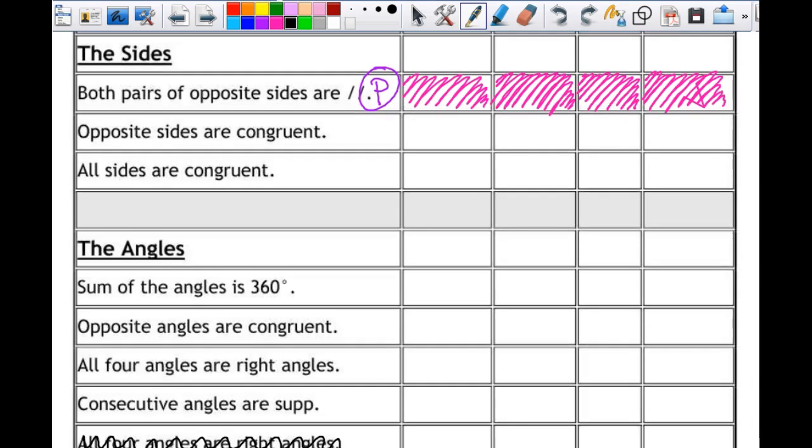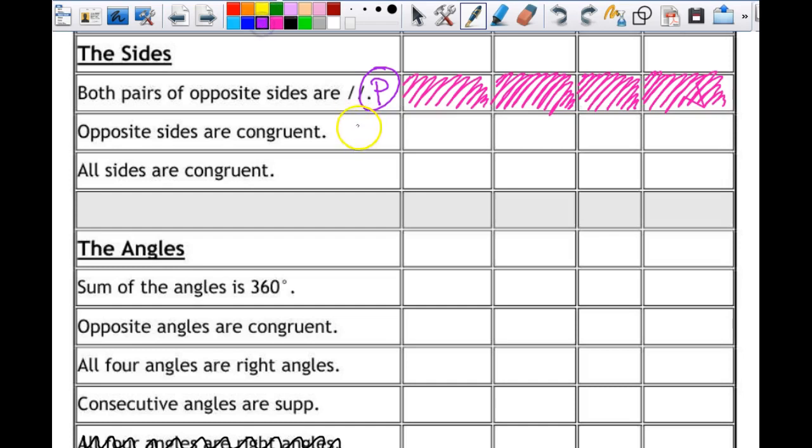So let's look at this from a straight property standpoint, because I heard a lot of good discussion, and y'all were looking stuff up, and you know your properties, and that's good, but I want you to think about what the property itself, theorem-wise, actually directly applies to. So opposite sides being congruent, that is what kind of property? Parallelogram, okay?